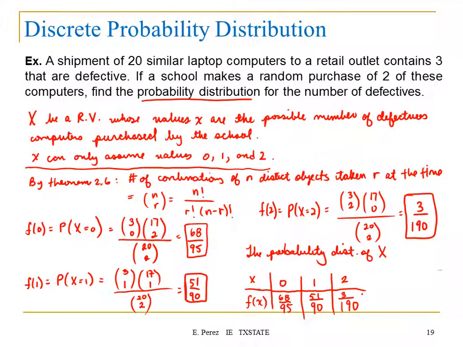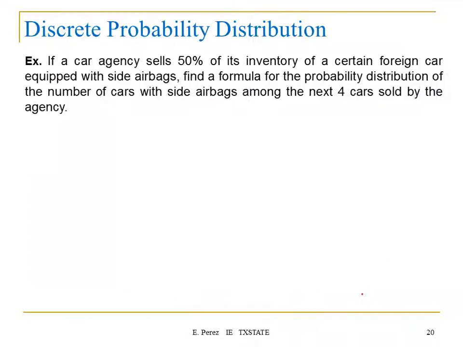We have another example. If a car agency sells 50% of its inventory of a certain foreign car equipped with side airbags, find a formula for the probability distribution of the number of cars with side airbags among the next 4 cars sold by the agency.